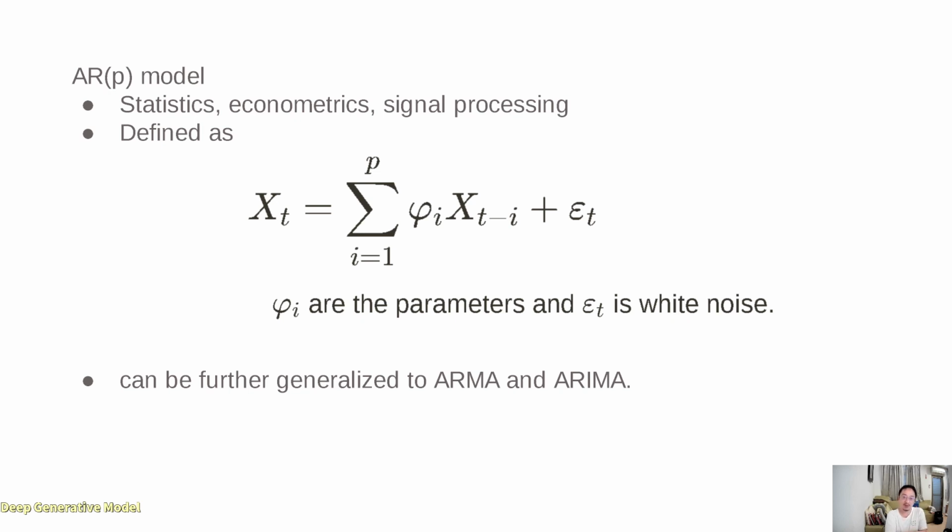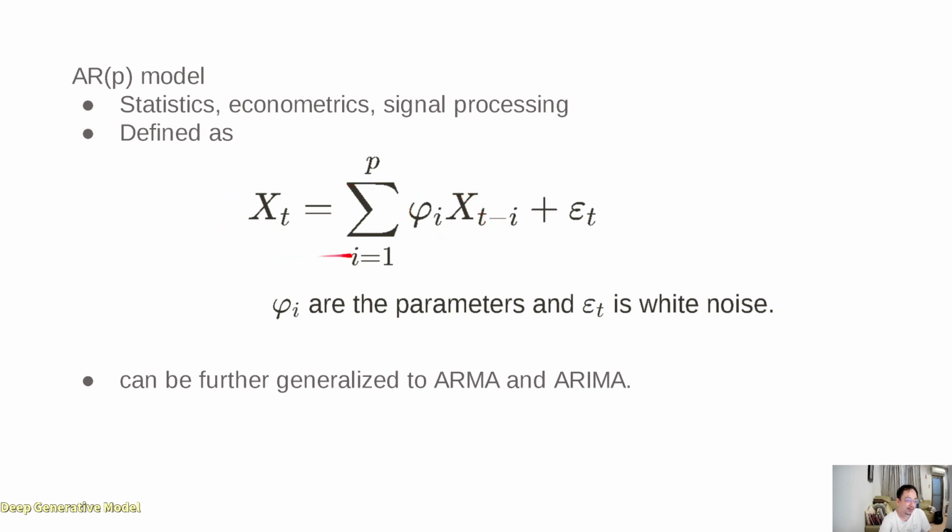It is often used in statistics, and as I can see from Wikipedia, also a lot in econometrics or signal processing. It is specifically a model defined as follows: x_t is equal to a linear combination of previous ones.